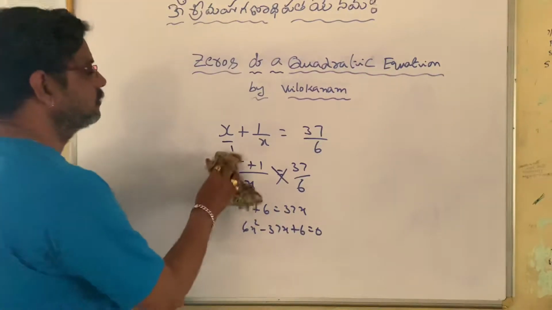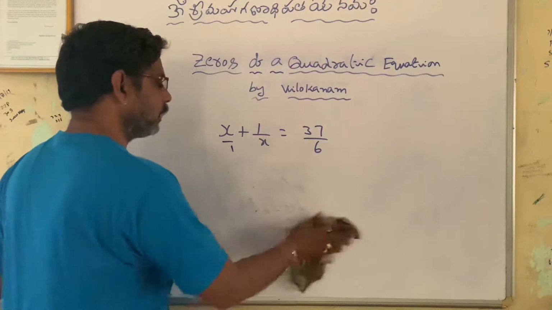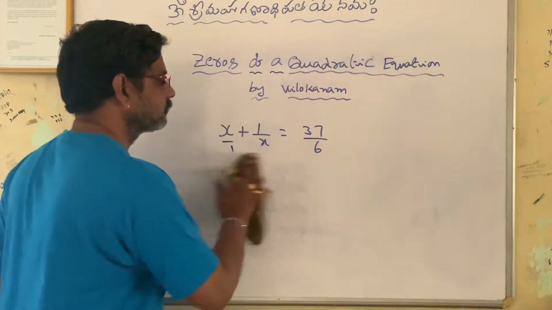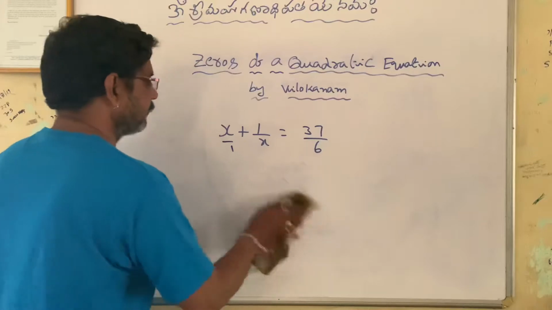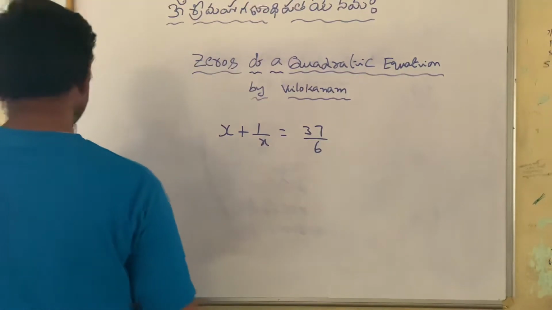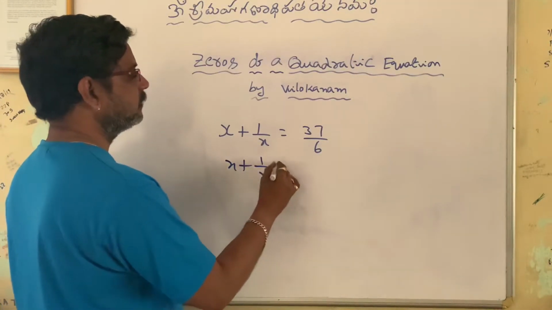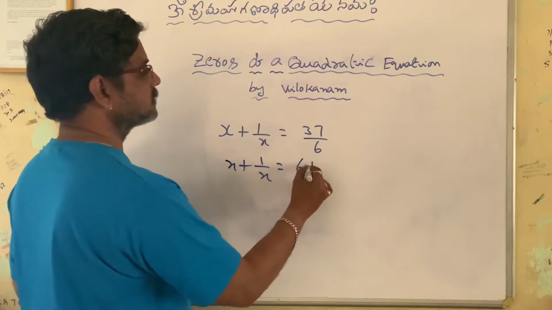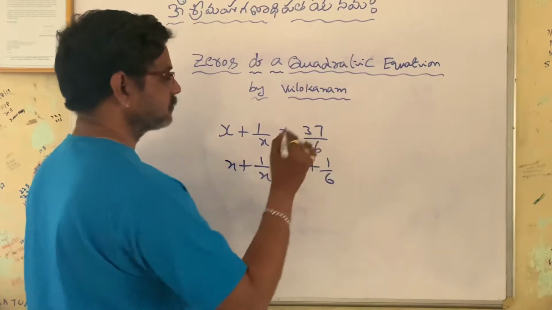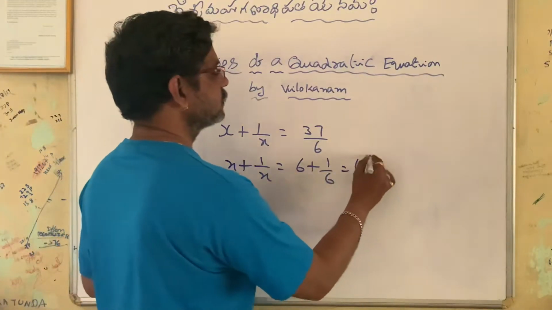For that, first we need to observe the given equation. Immediately we can get an idea that the RHS part can be written in the form of 6 plus 1 by 6, or simply 6 1 by 6.